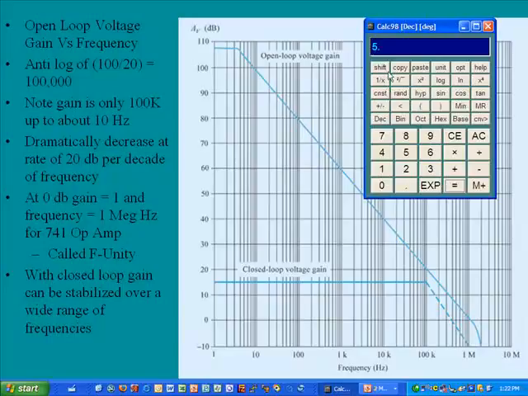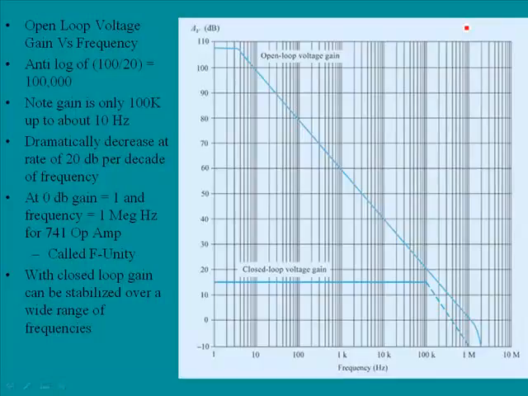We go to shift, and this is actually the anti-log right here. And there we have it, 10 exponent 5, and so that would equate to a gain of 100,000.